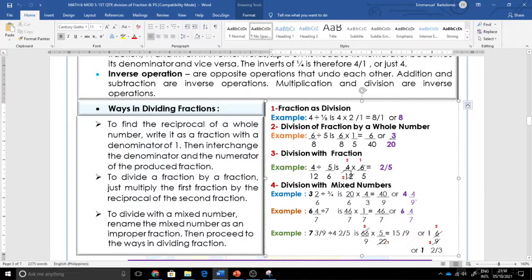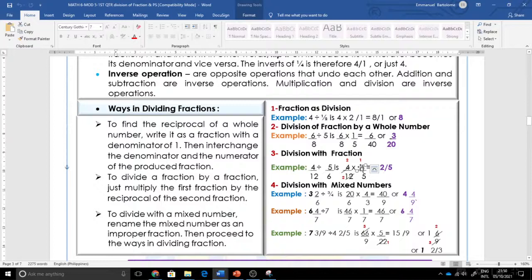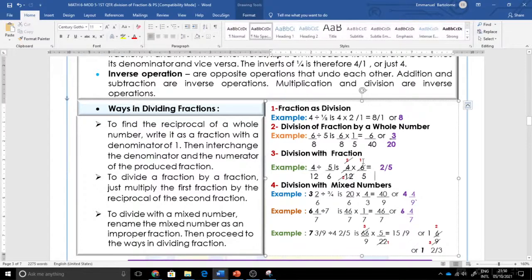Okay? There is a correction in this module. This 2 will also be cancelled, because there is a 2 on top and a 2 on the bottom. So since you can cancel it, you will be left with 1 and 5. So this should be 1. Okay? So only 1 over 5 will be left.